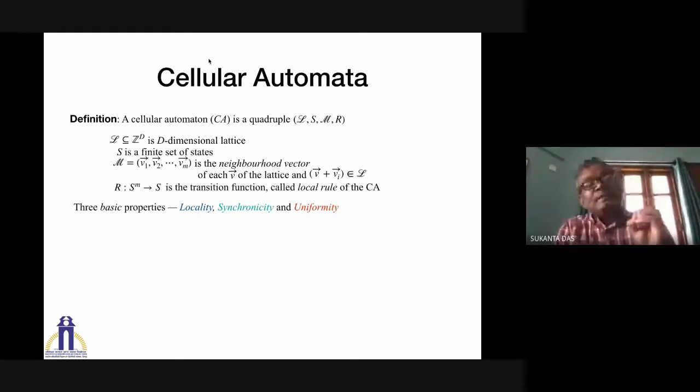The actual computation is performed by R, and that R is unique over the lattice, meaning all the cells use that particular R. That is called uniformity. The rules are uniform. So three properties: locality, synchronicity, and uniformity. We identify our cellular automaton by these three properties.